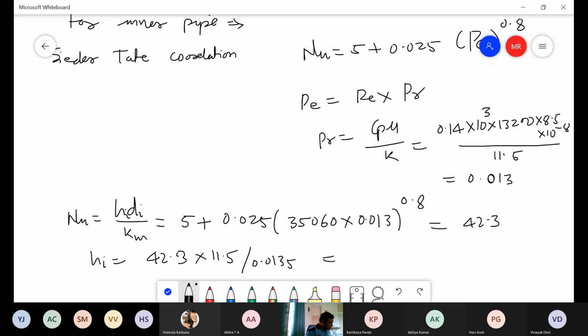Just wait. So the Nusselt number, 0.025. Okay, so it comes around 8, isn't it? So let me just correct it. This comes around 8.34. Okay. So let us correct it here also. 8.34.